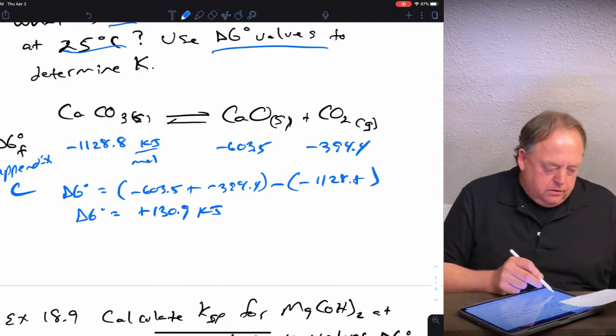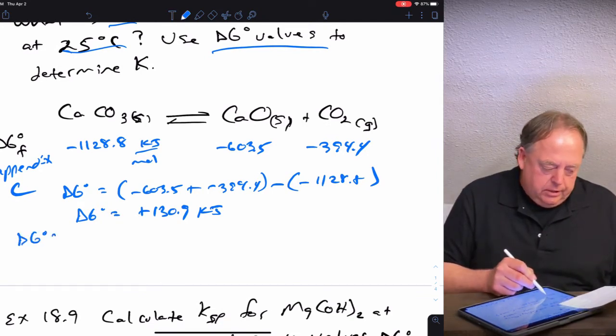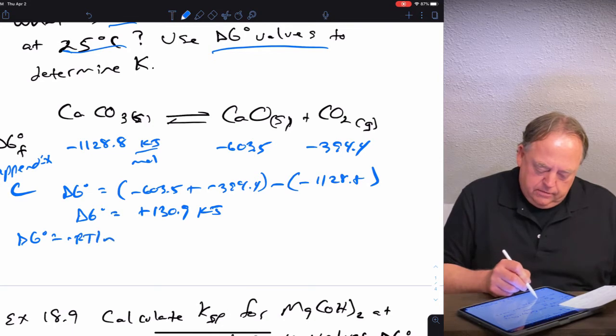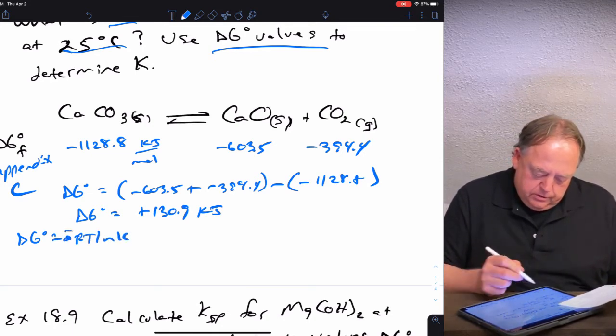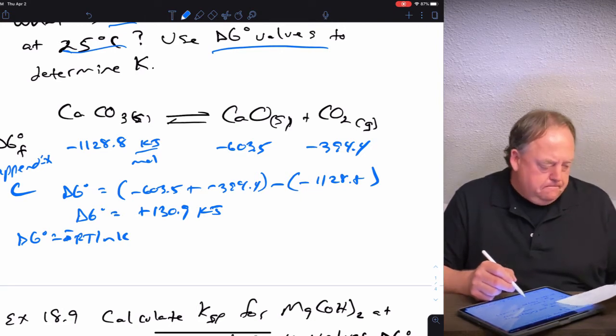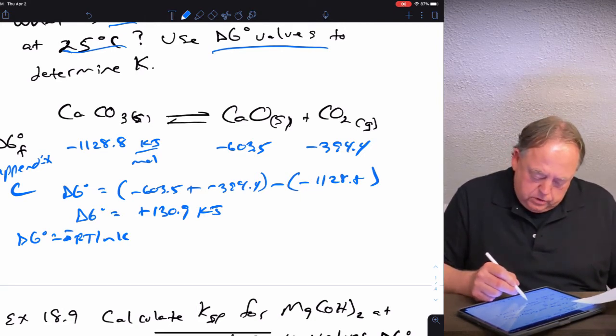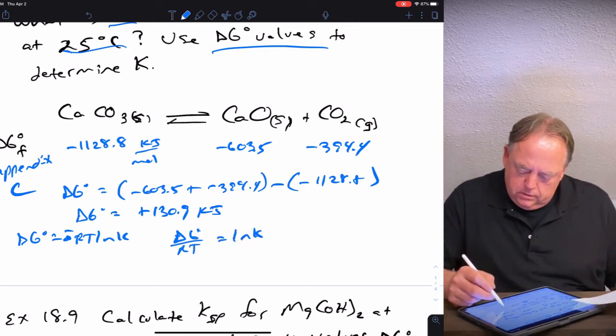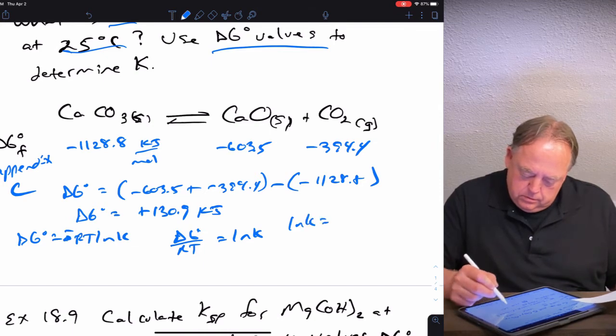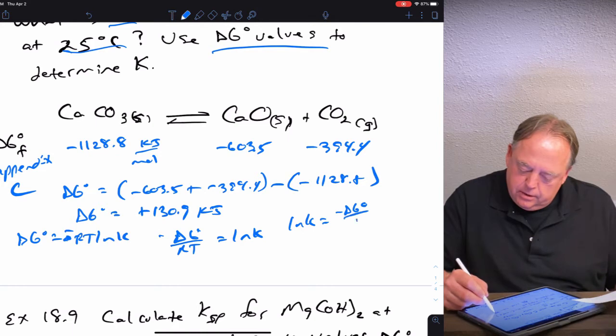Now we can solve for K using this equation, delta G naught equals negative RT ln of K. Solving for K, delta G naught divided by RT equals ln of K, so ln of K is negative delta G naught divided by RT.